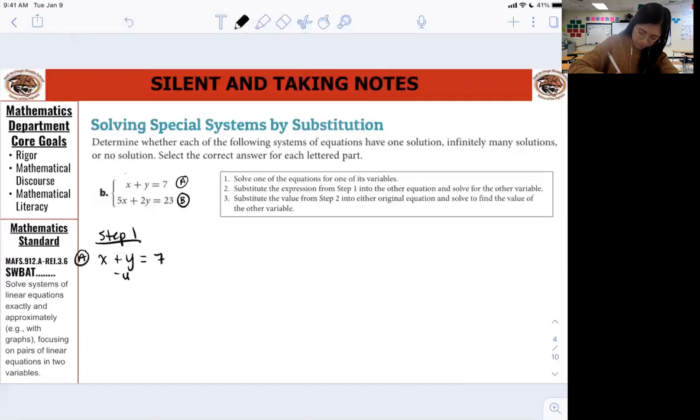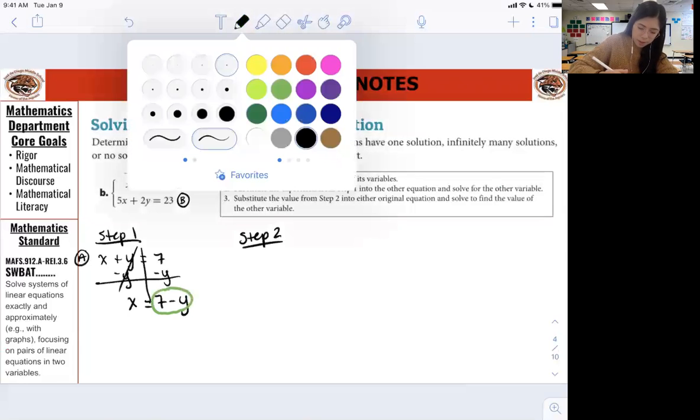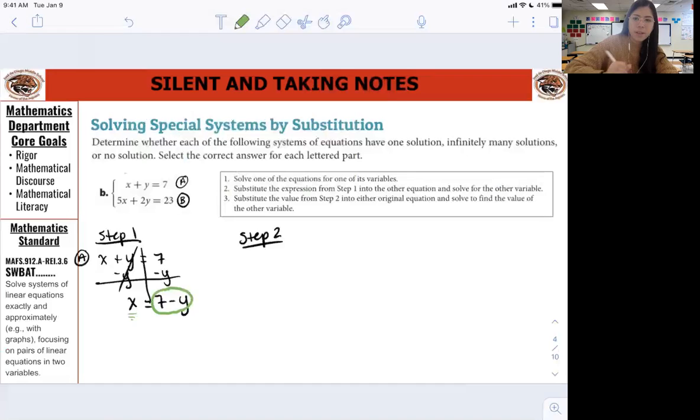Good. So my y's cancel out, and I'm left with x equals 7 minus y. Should I plug that in for x or for y? X. Good. We're plugging it in for x because we solved for x. That's what's alone.